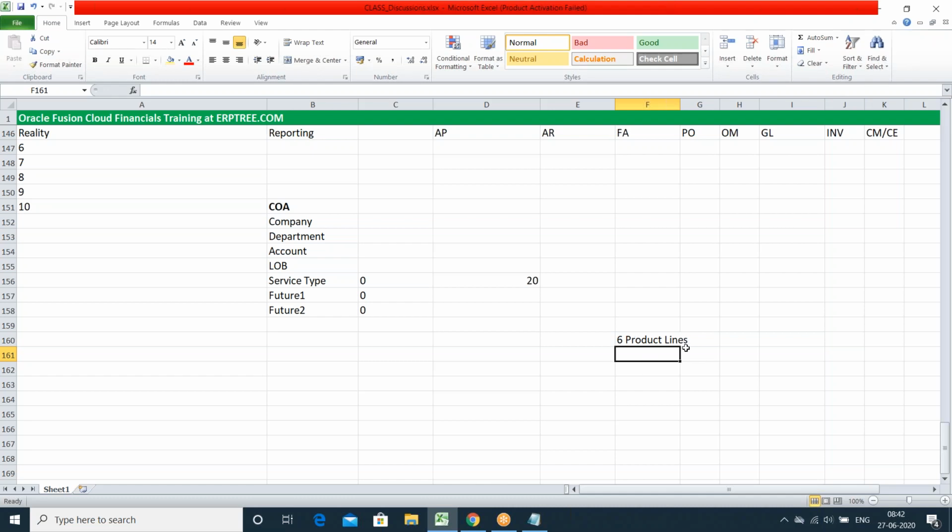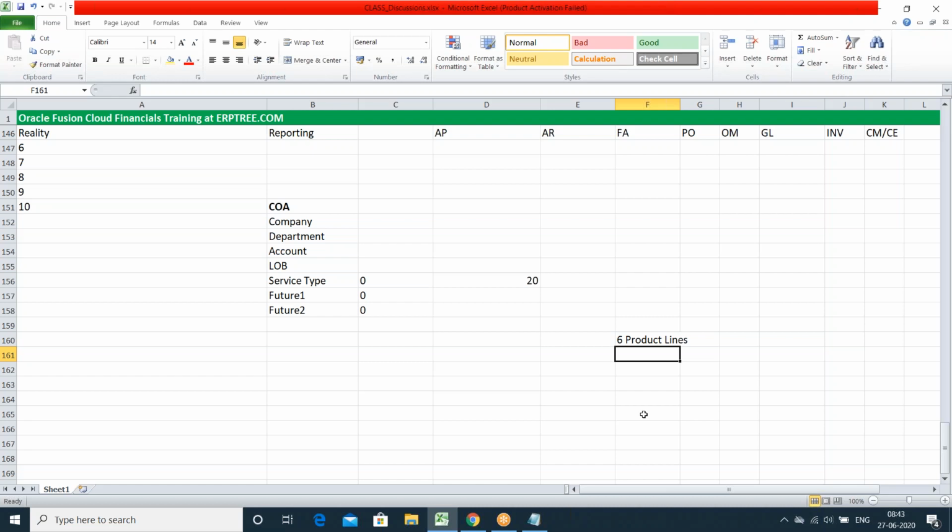In that case, you can take product line as a segment. When you are spending something, you have to specify whether the expense belongs to product line 1, 2, 3, 4 or 6. When you sold something and are getting revenue, that revenue relates to a specific product, and that product falls under a product line that you want to capture.